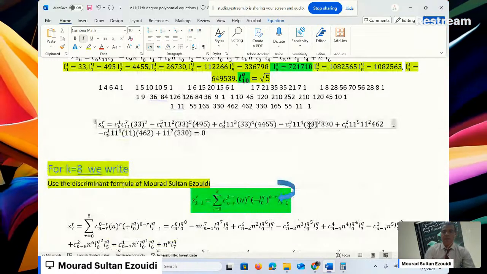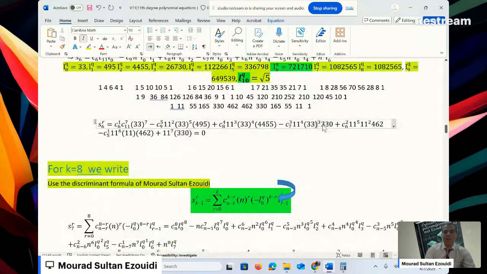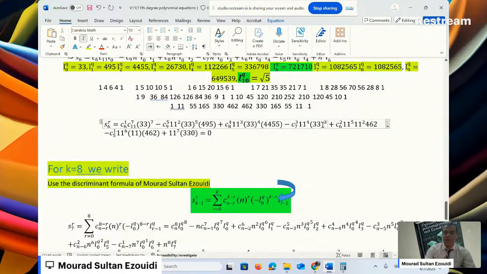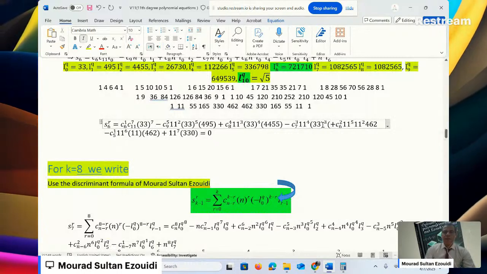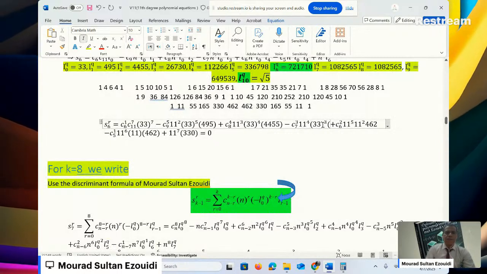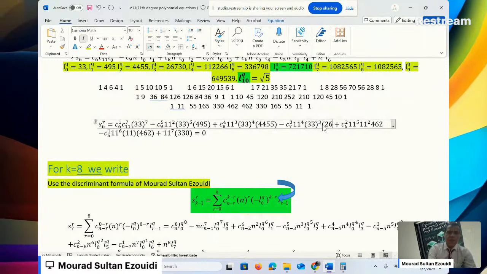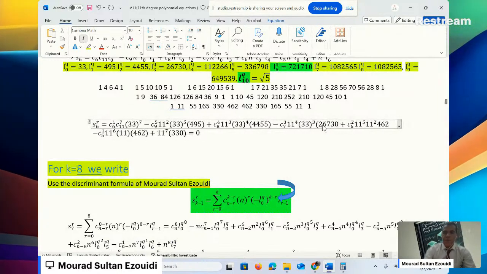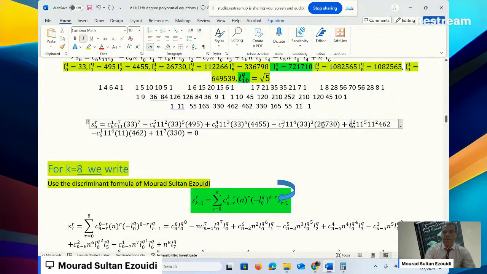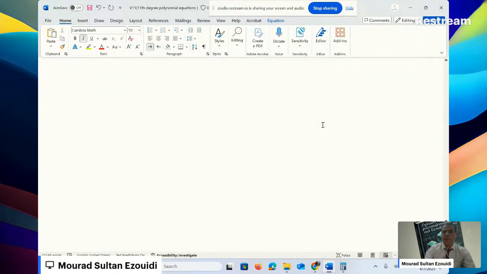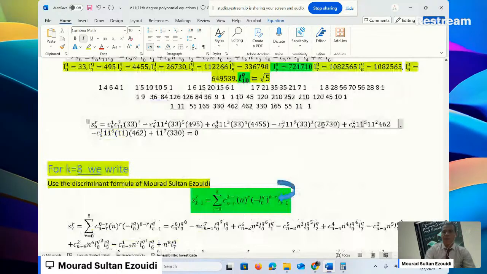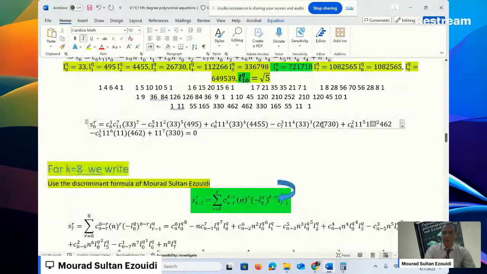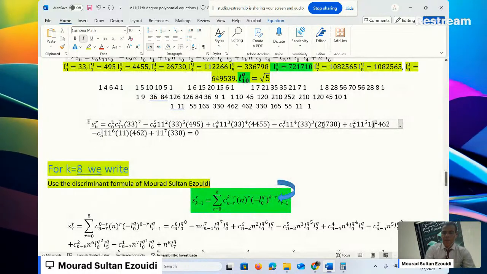Make parentheses. Times 26,730. Plus this is 33 raised to the power... make 33 here.